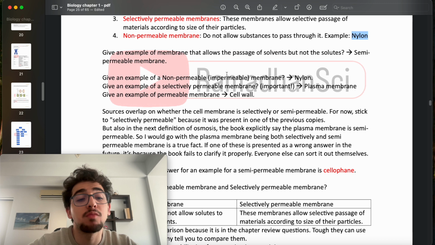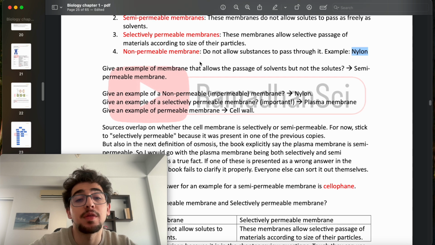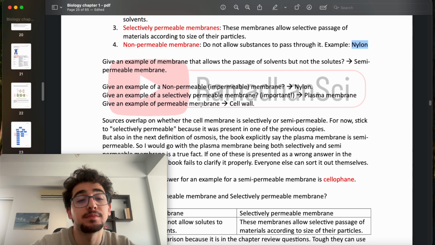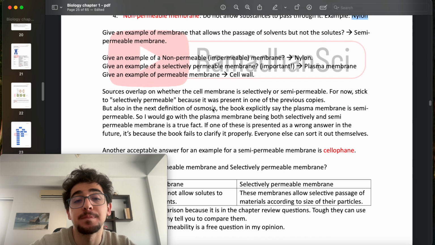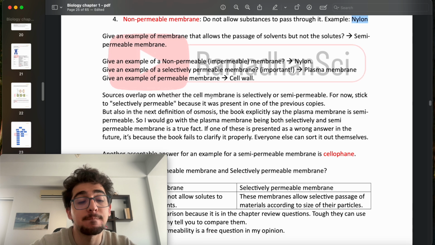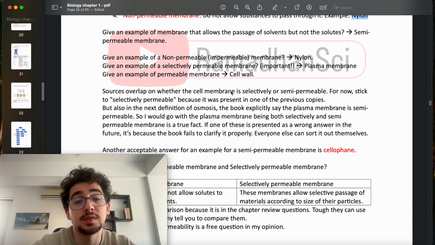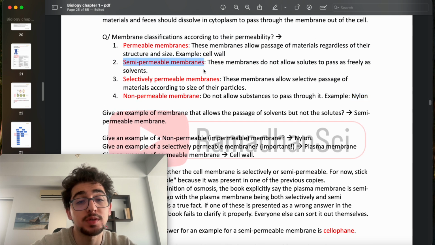If they want to know the permeability of the cell membrane, I've seen some overlap in sources, some of them describing it as semi-permeable, and other sources describe it as selectively permeable.